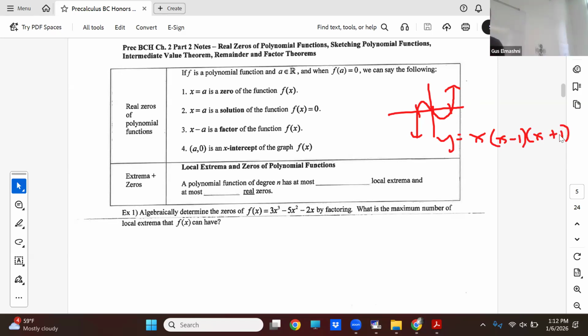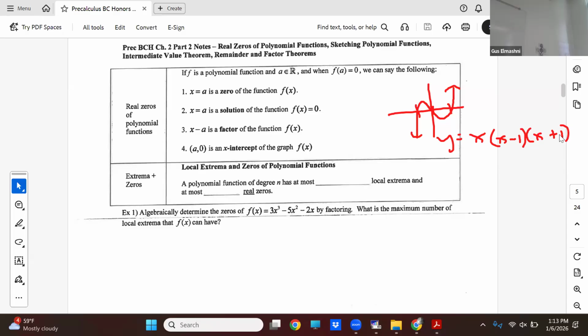Notice I made up a cubic function where my x-intercepts were 0, 1, and -1. So I have three x-intercepts, right? How many extrema? Extrema mean peaks and valleys, high points, low points. How many high low points does this graph have? Two. There's one peak and one valley, right?